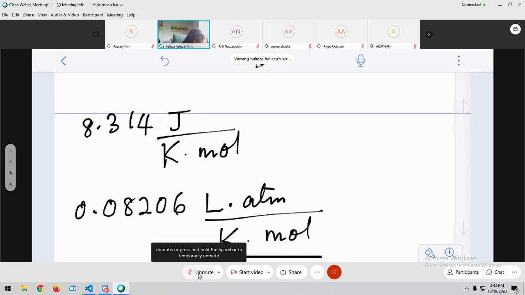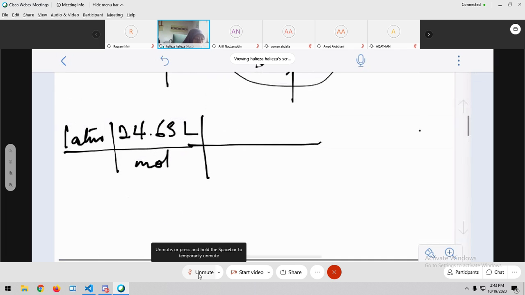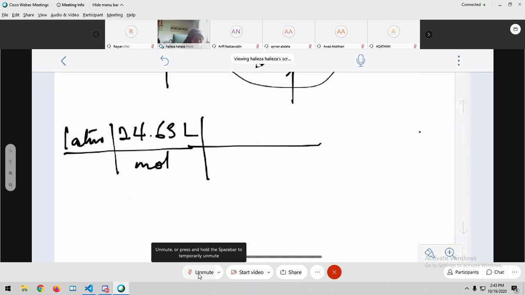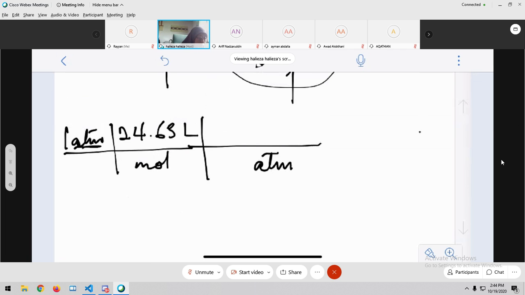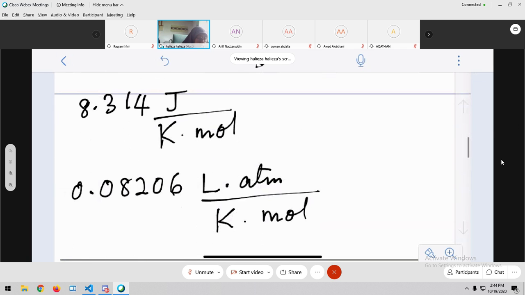So now, let's look at the equation that we have over here. You have your atm there. In order to cancel it off, you need to put it in the denominator. If you look at your gas constant just now, this is your atm.